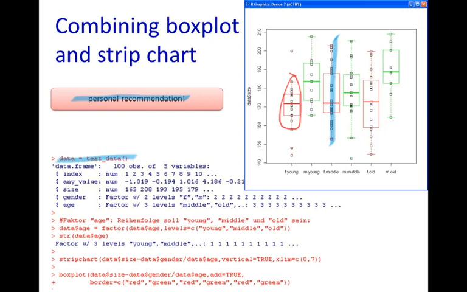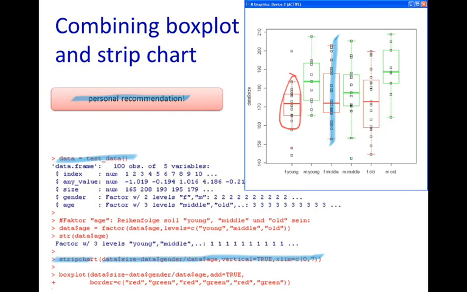It's again our test data set. What you need to do is you just do a strip chart of the data split into the factors you choose. You say that it should be vertical, and you choose a limit of the x-axis such that each factor corresponds to a step of 1.